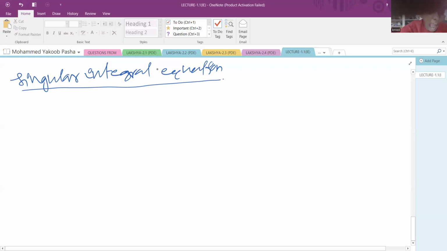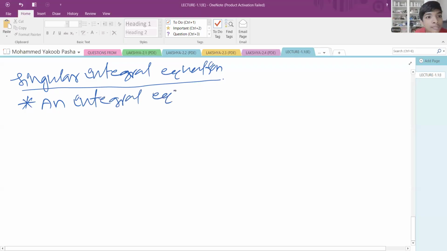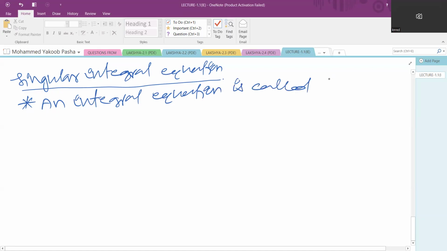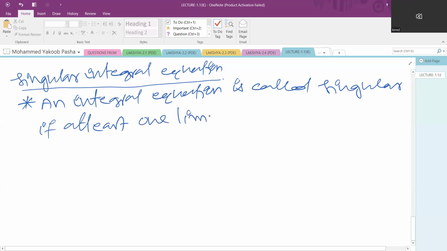This also depends on y of t. An integral equation is called a singular integral equation, or simply singular, if at least one limit of integration is infinite.